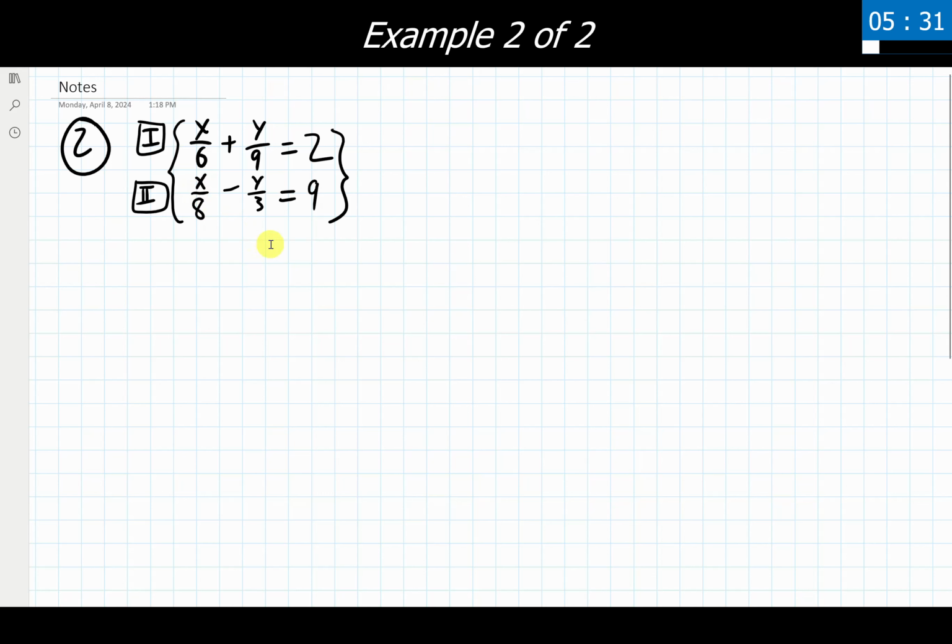And I'm going to multiply each equation by that lowest common denominator. The intention with this is not to create additive inverses, but simply to eliminate fractions in these problems. So with my first one, I'm going to multiply everything, both sides and everything, by 18. That's the lowest common denominator between 6 and 9. I'm going to multiply the second equation by 24.